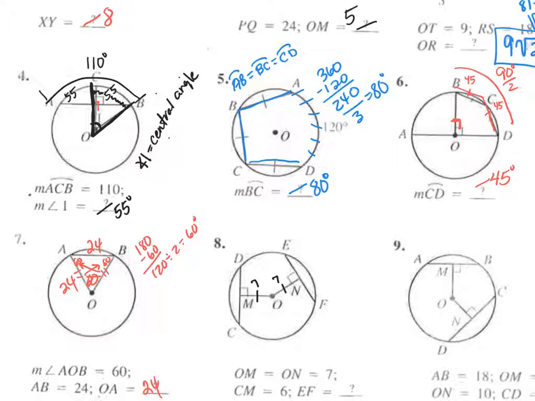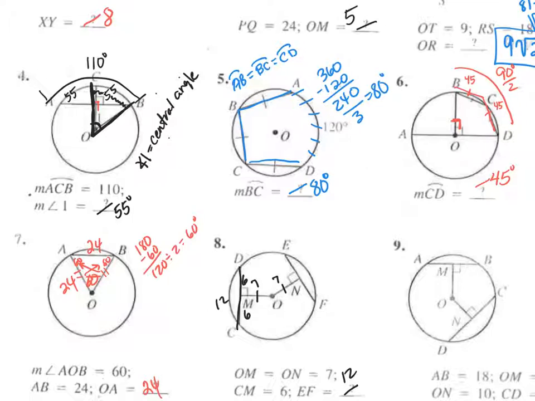Therefore, they're going to be equal to each other. If CM is 6, that means DM is 6, making this whole chord 12. And if DC is 12, EF must also be 12, because you have two chords the same distance from the center of the circle, so they must be congruent.